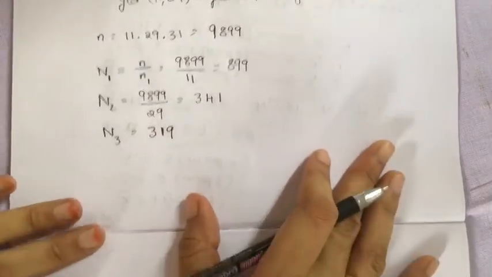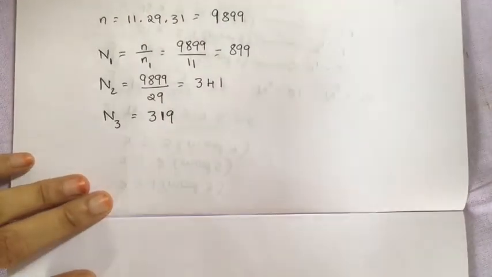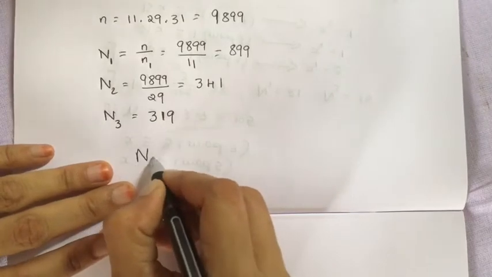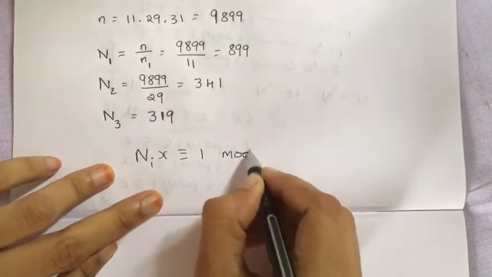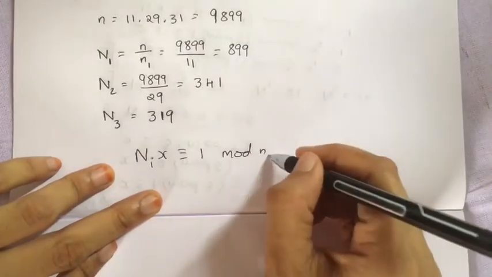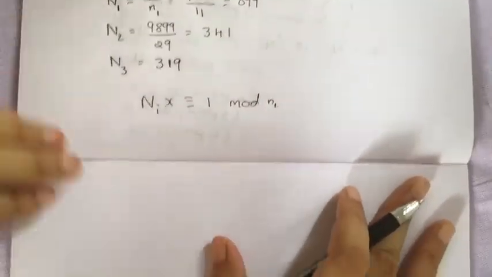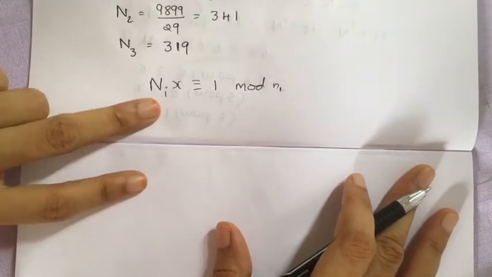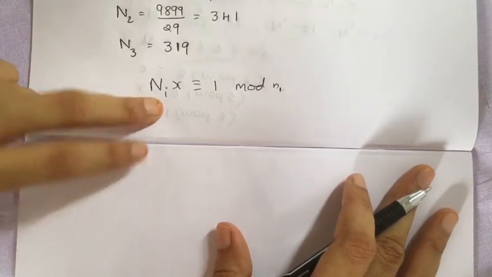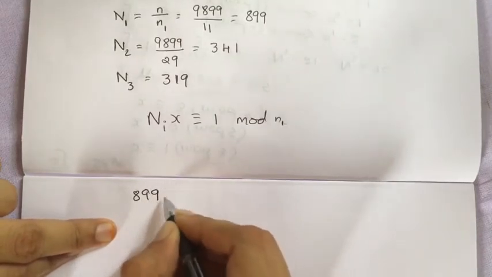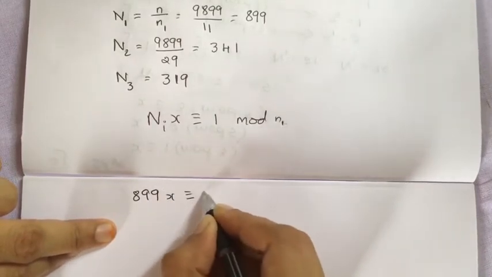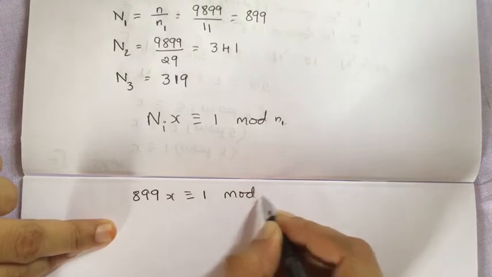You do the calculation. Next thing is to write Nix is congruent to 1 mod n, like this. So n1 is 899. 899x is congruent to 1 mod 11.